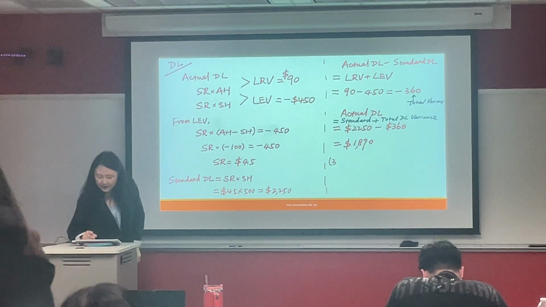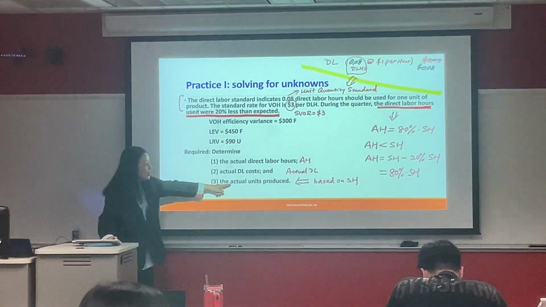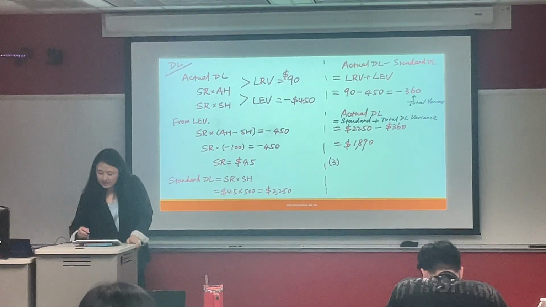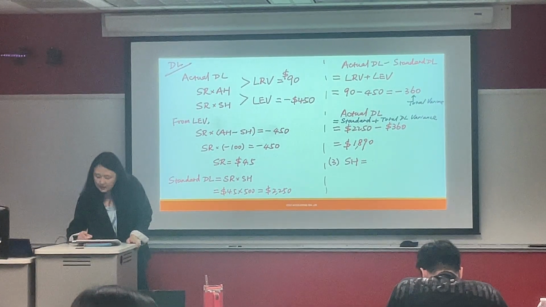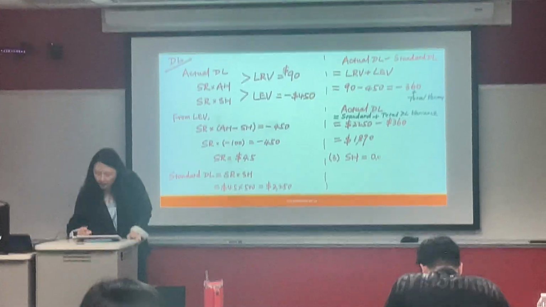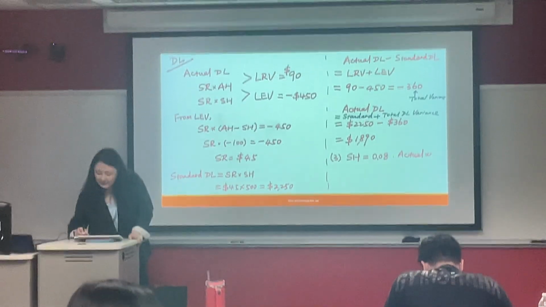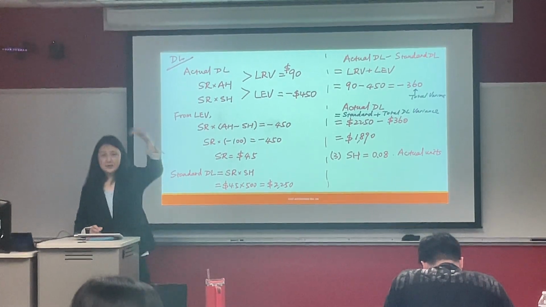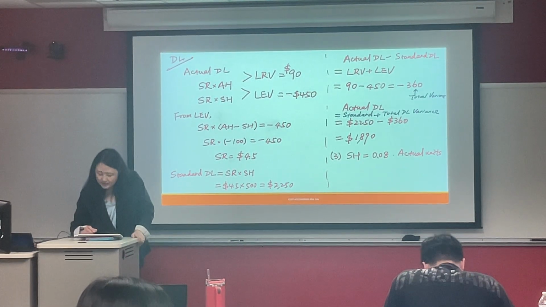Number 3, okay, so for actual units, as I said, it is all based on standard hour, right? So standard hour is the unit quantity 0.08 times the actual unit, right? So once you get your standard, then you multiply by the actual units, you get your standard hour.